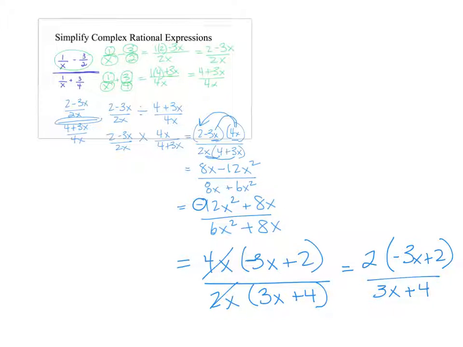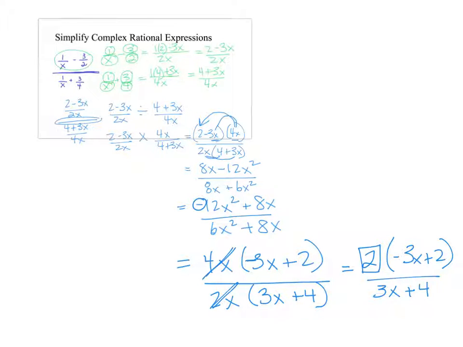And that's as far as I can simplify. So again, I was able to cancel these out. 4x divided by 2x gives me just 2, and then negative 3x plus 2 stays within the brackets, and 3x plus 4 is on the bottom.